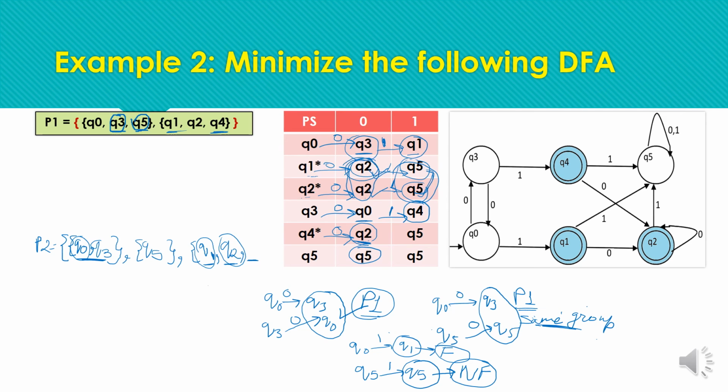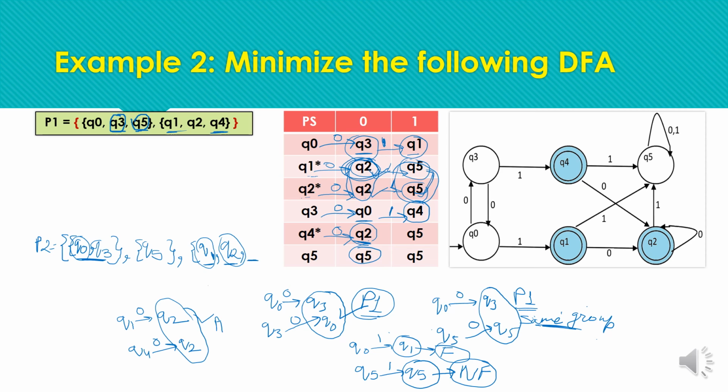As the resulting state is part of one group in partition 1, Q4 is compatible with Q1 for input symbol 0.